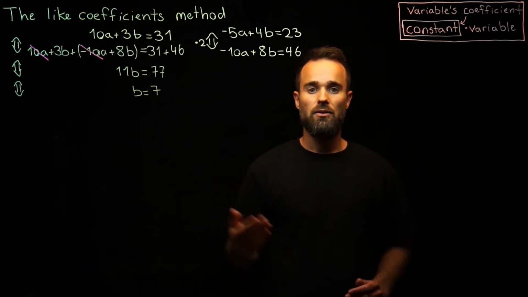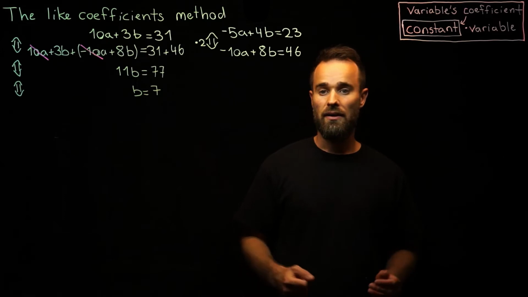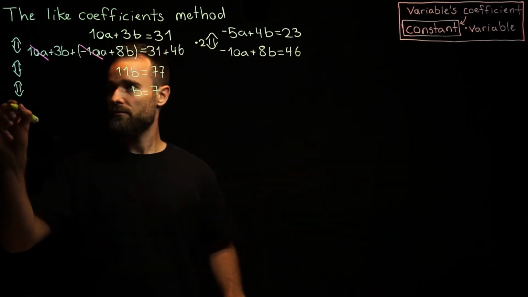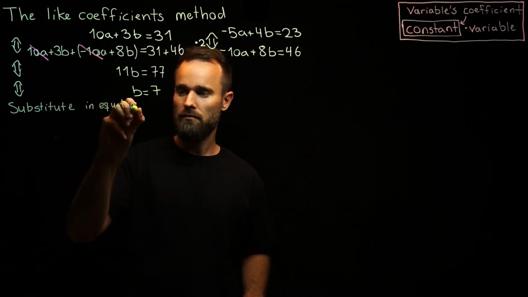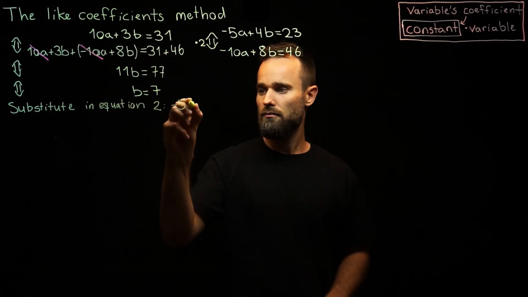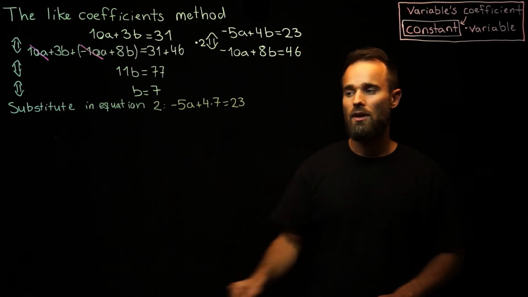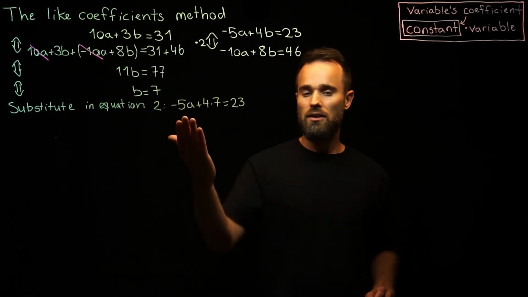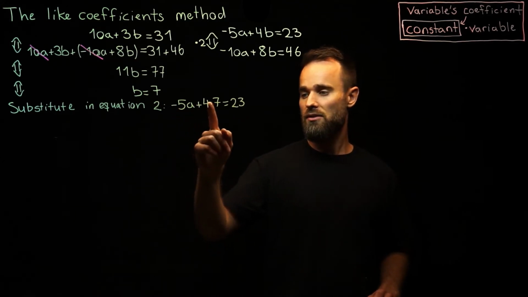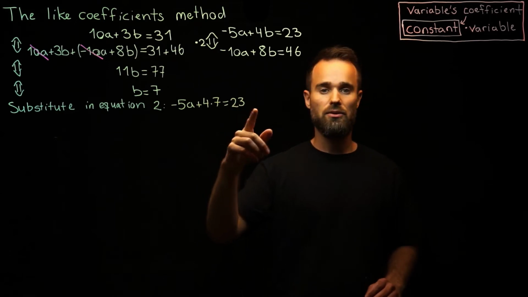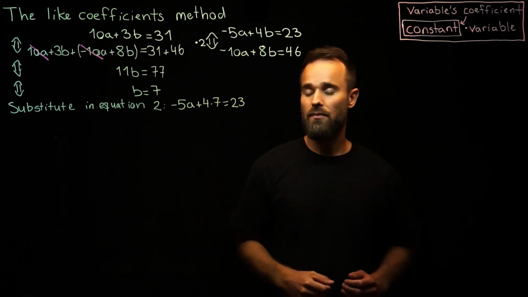With this b value, we can substitute 7 in one of the equations to find a. Substituting in the second equation gives negative 5a plus 4 times 7 equals 23, which can be solved for a.